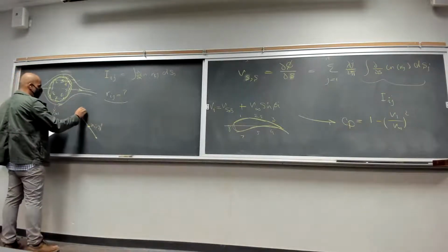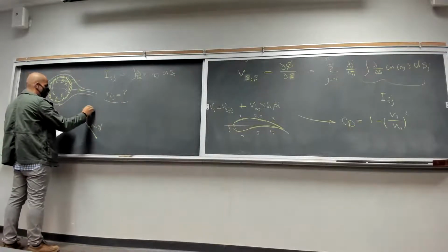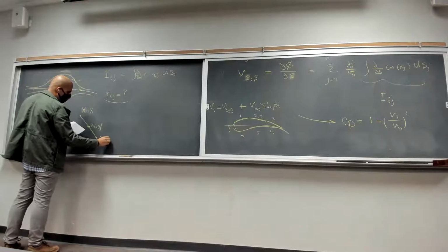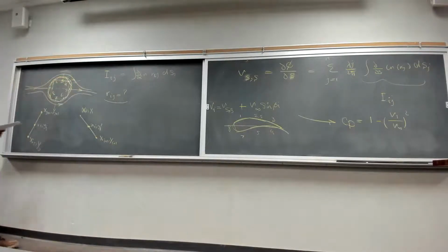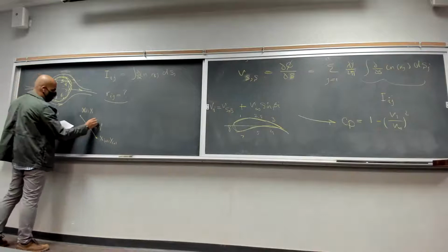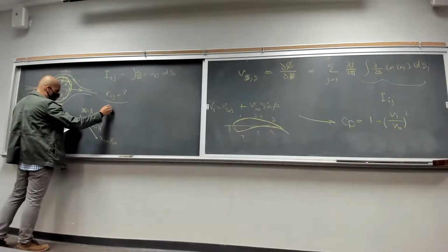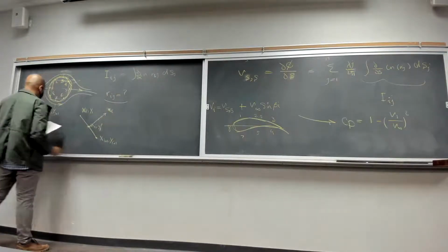Same idea here. The coordinates of this point, xi, yi, xi plus 1, and yi plus 1. This is your normal vector for panel I. So this is ni.